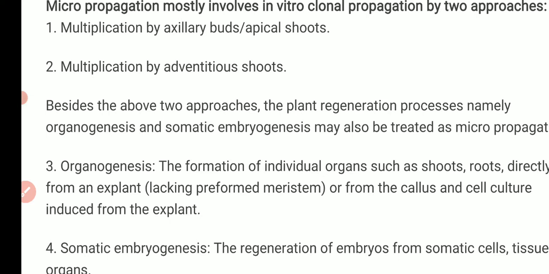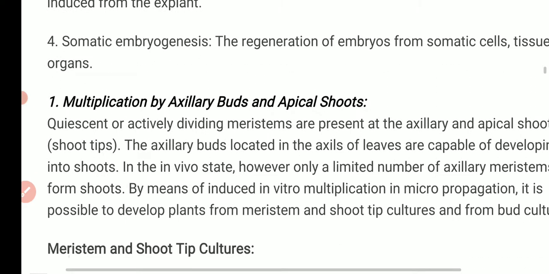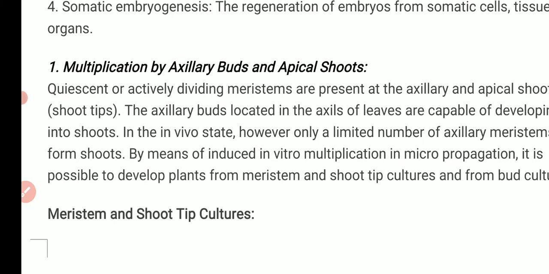You generate the whole plant. In somatic embryogenesis, from the callus, you create an artificial embryo and get the new plant. So let's look at the one that they want us to concentrate on: the buds, meristem, and shoot tips. So by axillary buds and apical shoots.